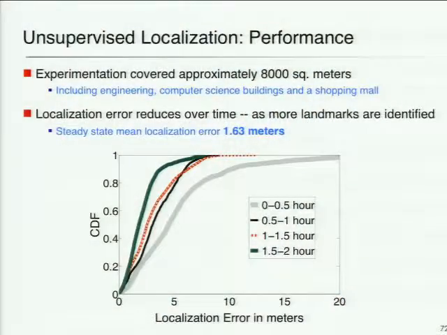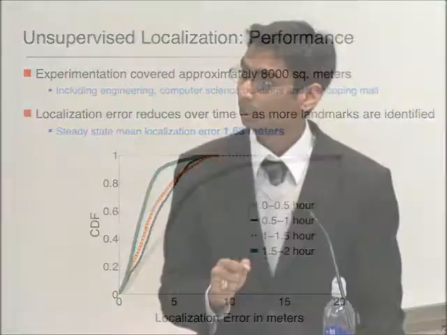To understand that, we did experiments in our Duke University and also a shopping mall, and we found that the localization error reduces over time as more of these landmarks are identified and the localization error of these landmarks goes down. And in the steady state after 2 hours, the mean localization error was 1.63 meters.